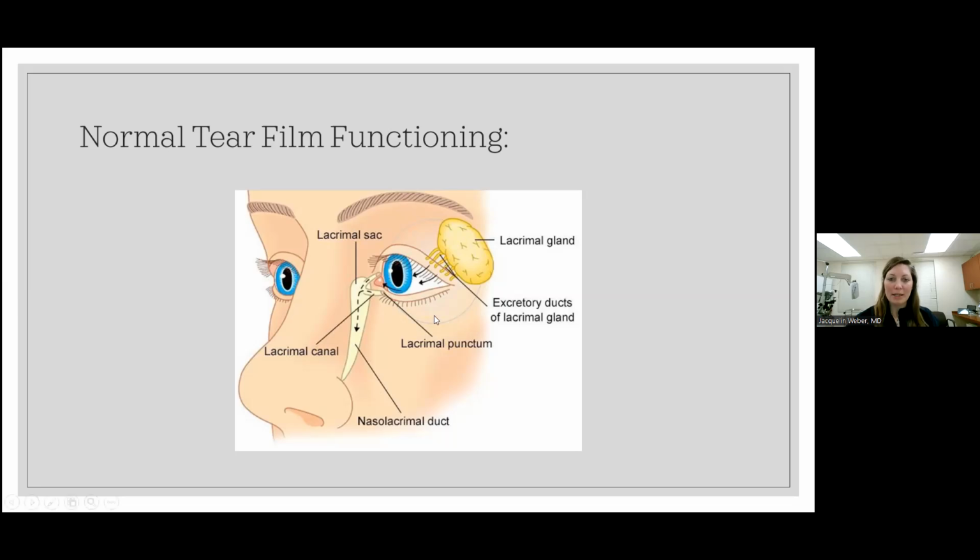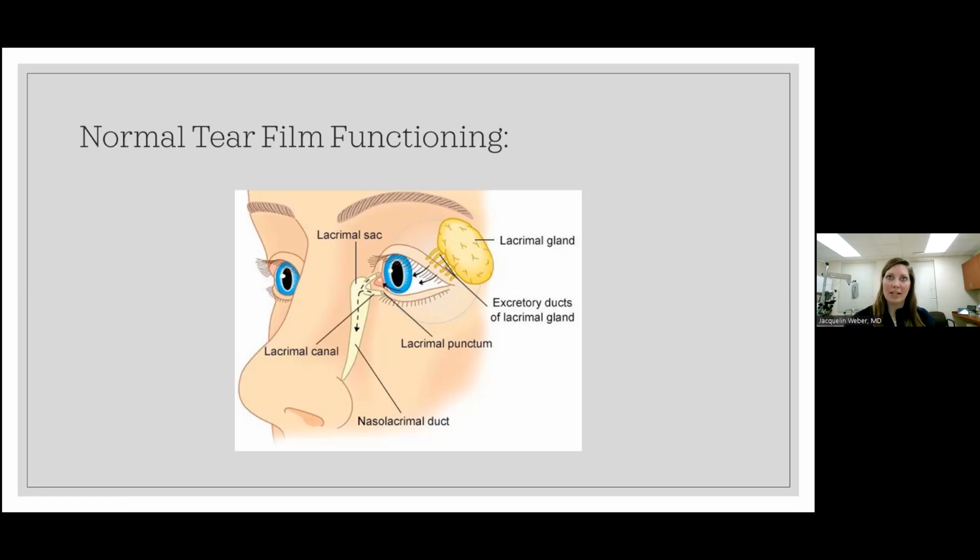And if there's problems anywhere from the start of the lacrimal gland to the surface of the eyes or the eyelids or to this drain, anything along this path can contribute to the symptoms of dry eye because it's altering the normal pathway of the tears, or perhaps the lacrimal gland is not even secreting enough tears. So there are multiple points along the pathway where things can get messed up or be out of balance.